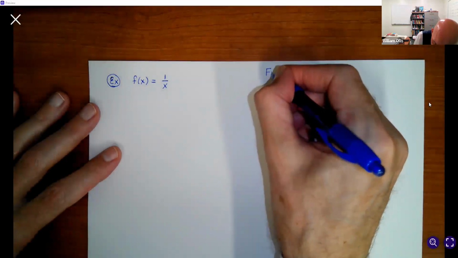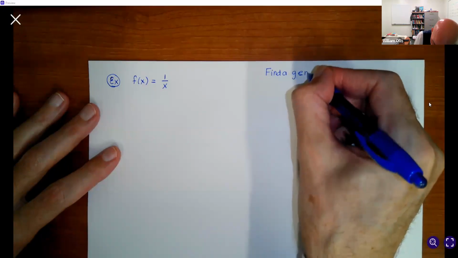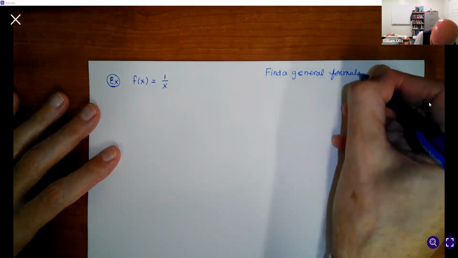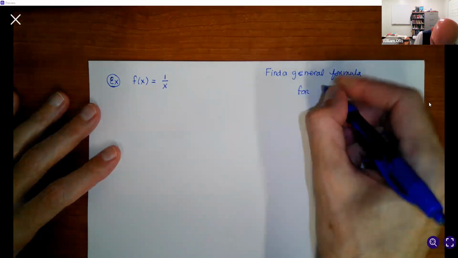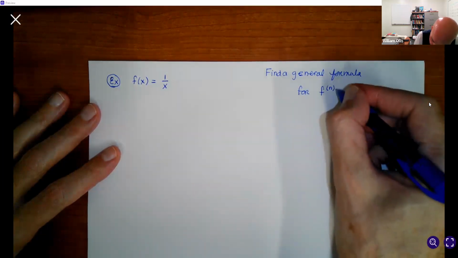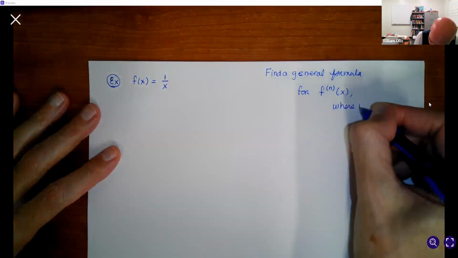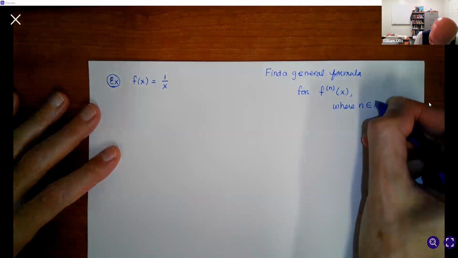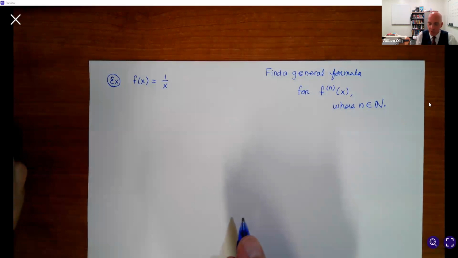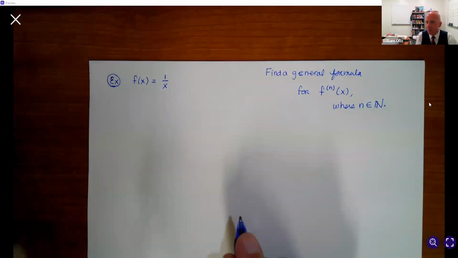Find a general formula for, and now what we can do, ladies and gentlemen, we don't want to put n tick marks. We'll just do n in parentheses, f to the n of x, where n is a natural number. So we're thinking, like, maybe if we want to take a fourth derivative, is there a way to generate a formula for this? Because there's a pattern that develops.